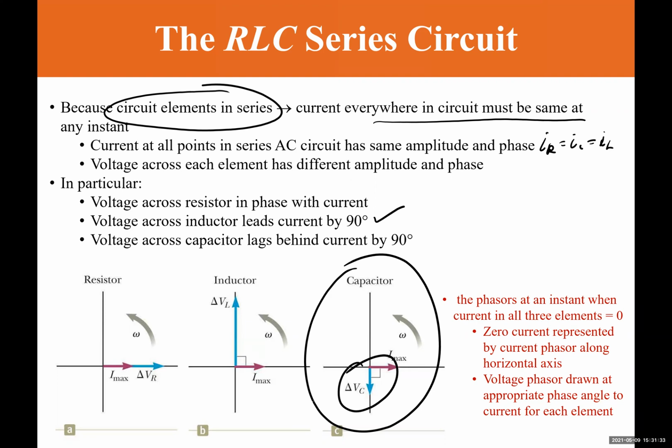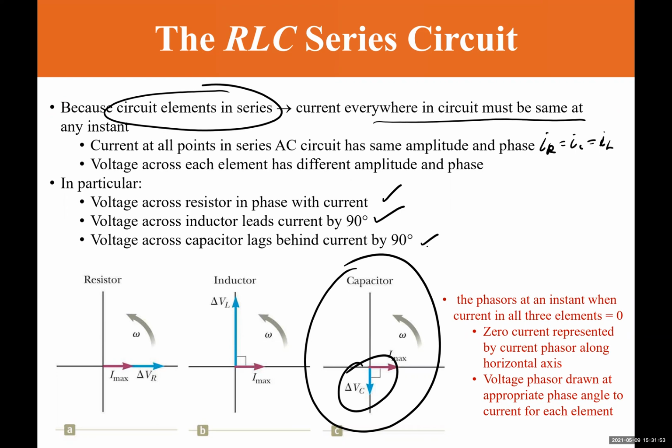You can see that delta VL, the voltage across the inductor, is greater than the voltage across the capacitor. Those three things must be satisfied if we have an RLC circuit in series.